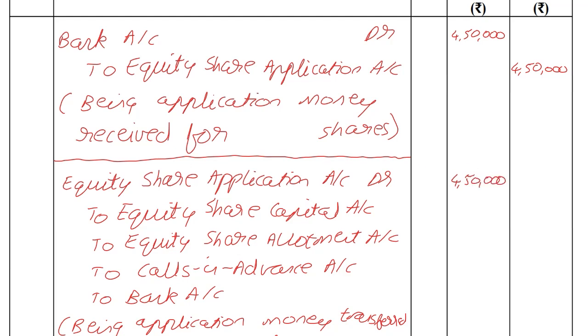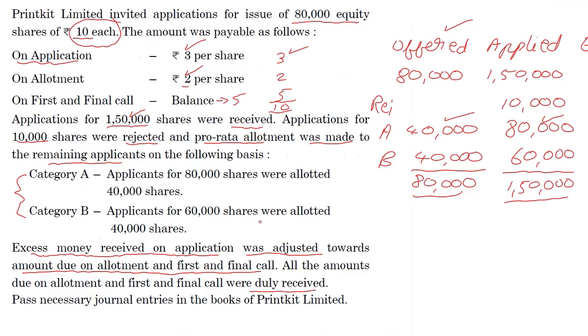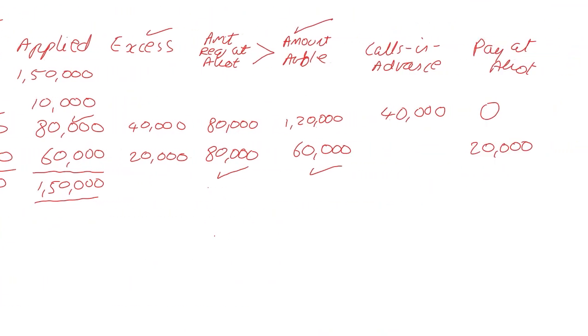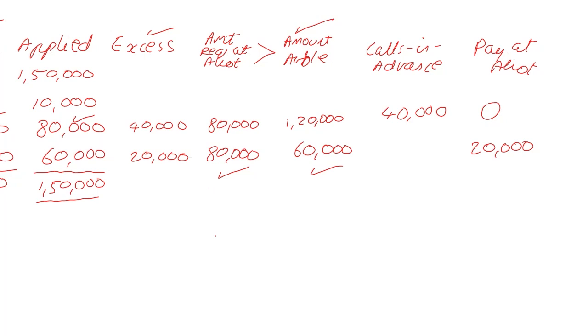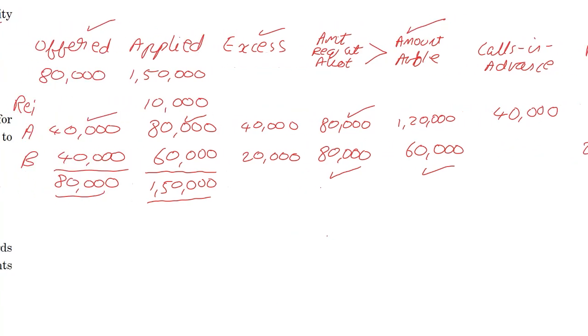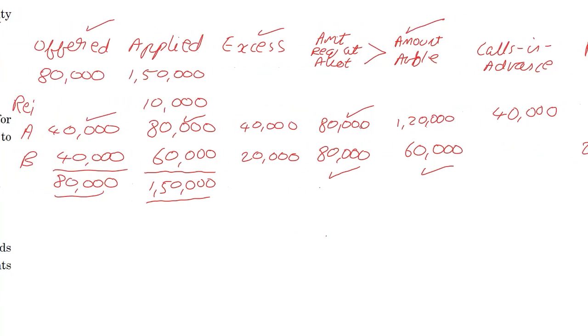Then we go back and look at our calculations. As far as the allotment account is concerned, the amount required at the time of allotment is 80,000 for group A, and we have 1,20,000, so no problem. 80,000 we're getting. The amount required for group B is also 80,000, but they only have 60,000.